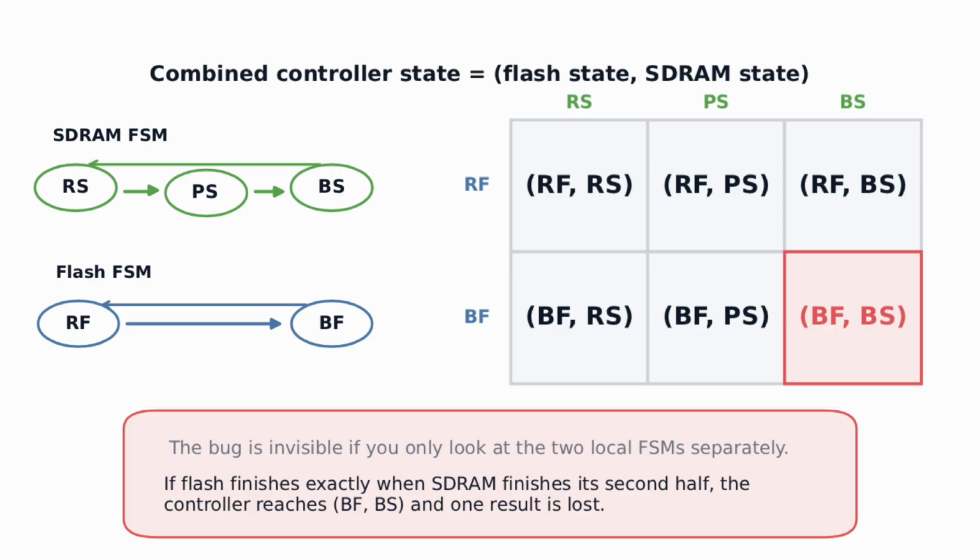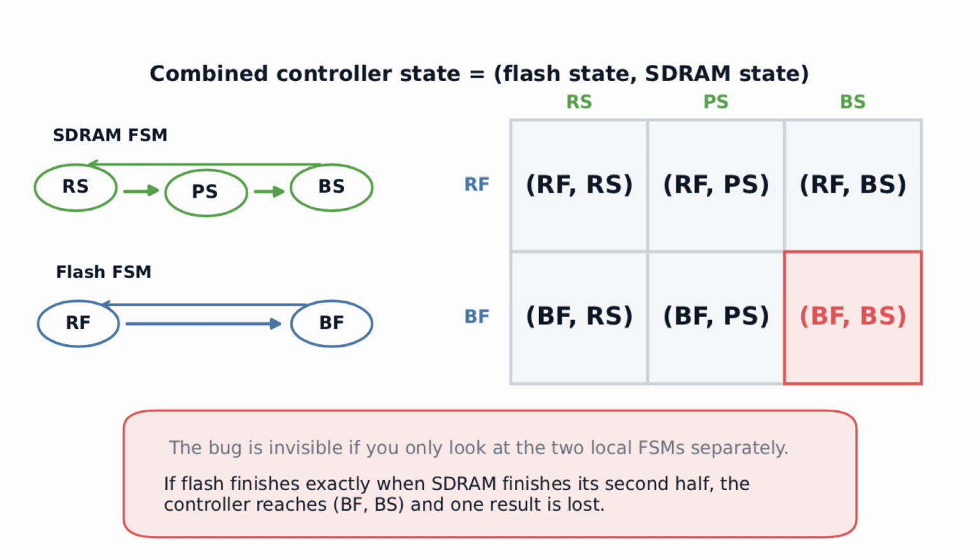That case is bad because it means flash is ready with the full 8-bit result in the same cycle that DRAM is also finished assembling its 8-bit result, but the memory controller can only forward one 8-bit value to the CPU per cycle. So at least one result's going to get lost.